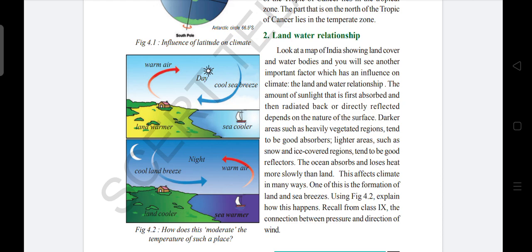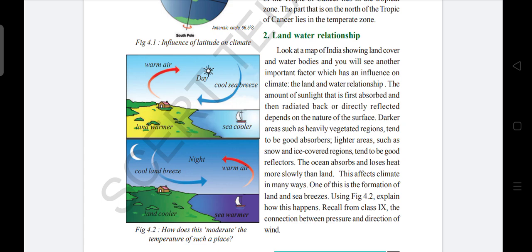Lighter areas such as snow and ice covered regions tend to be good reflectors. The ocean absorbs and loses heat more slowly than land. This affects the climate in many ways. One of these is the formation of land and sea breeze. Using figure 4.2, explain how this happens.